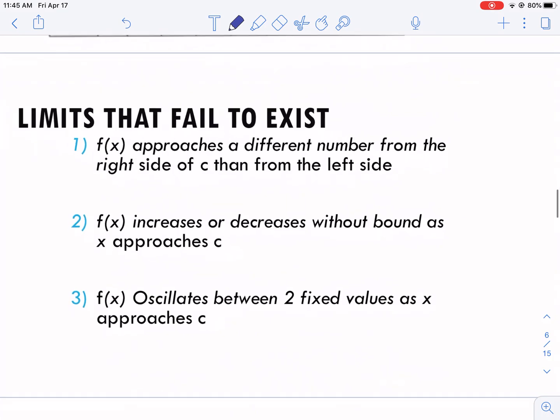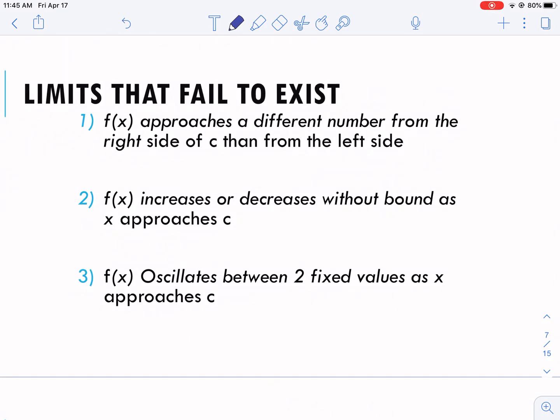So again, the 3 key things of when a limit fails to exist: f of x approaches a different number from the right side of c than from the left, where remember c is that designated x value. If it doesn't have the same left and right hand behavior, then it doesn't work.